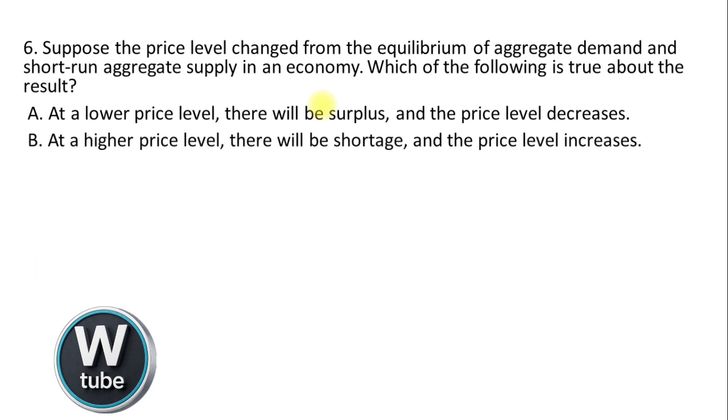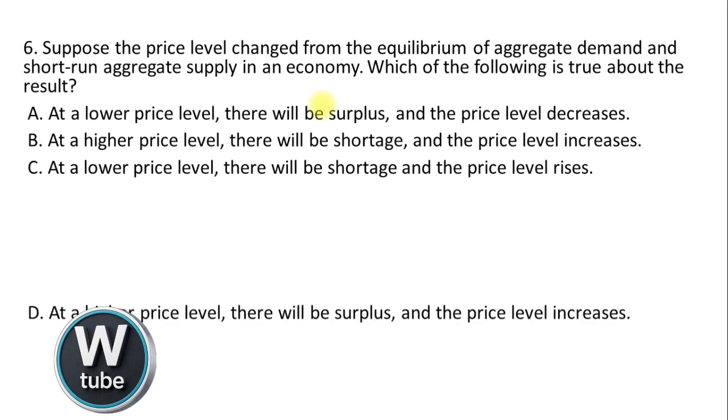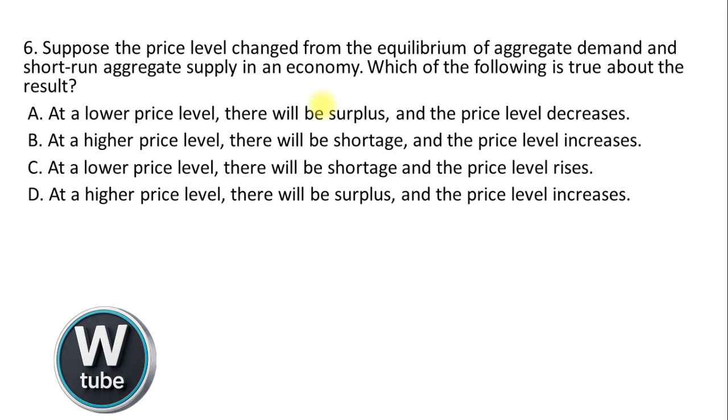B. At a higher price level, there will be shortage and the price level increases. C. At a lower price level, there will be shortage and the price level rises. D. At a higher price level, there will be surplus and price level increases.